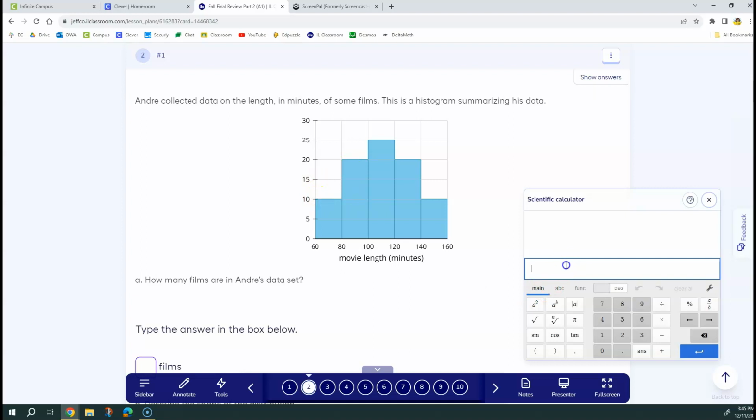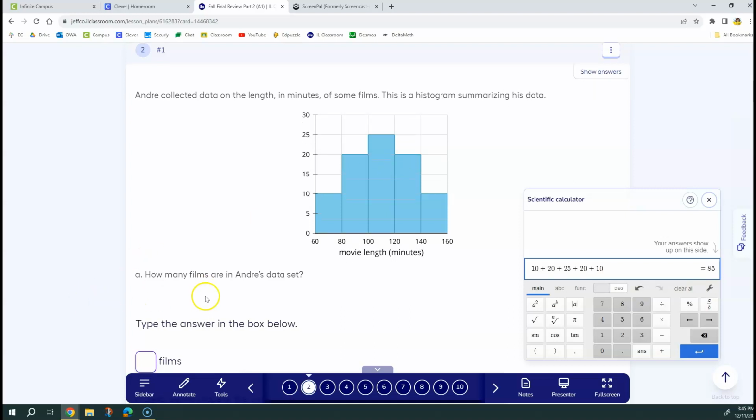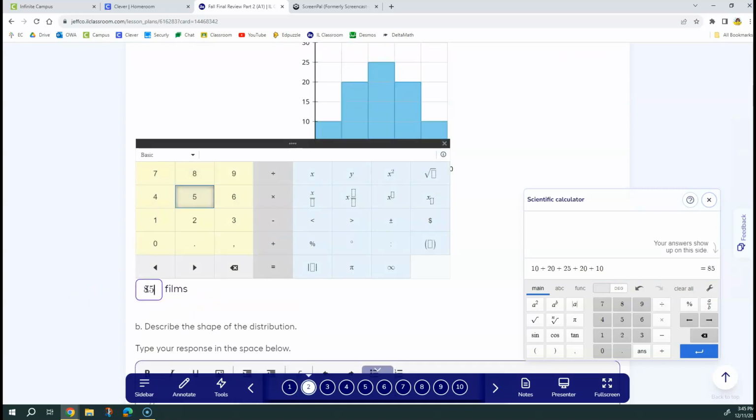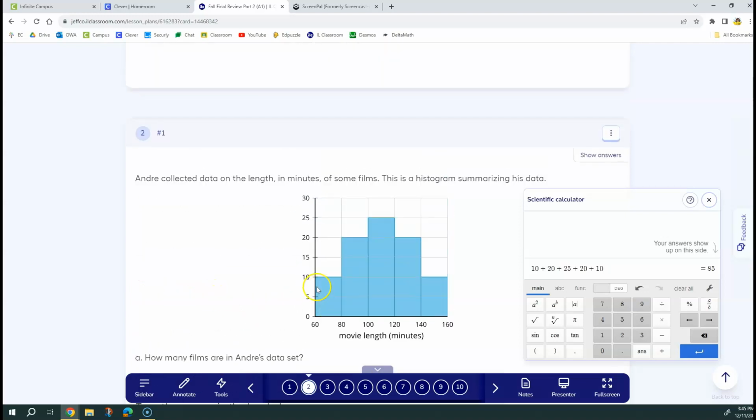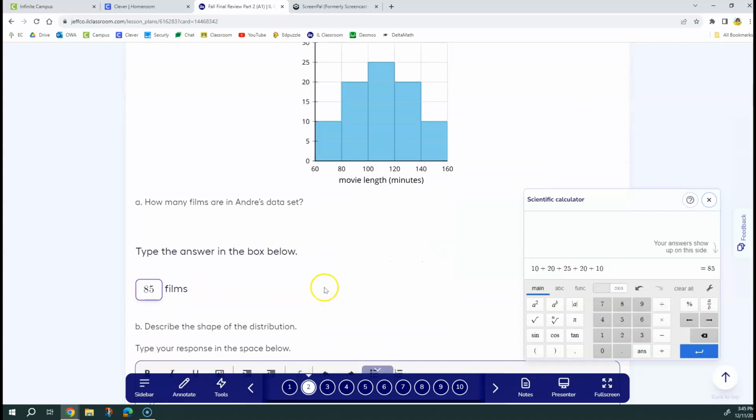So we've got 10 plus the second bar is 20, plus the third bar is 25, plus the fourth bar is 20, plus the last bar is 10 again, and that comes out to be 85. So 85 films are part of his data.